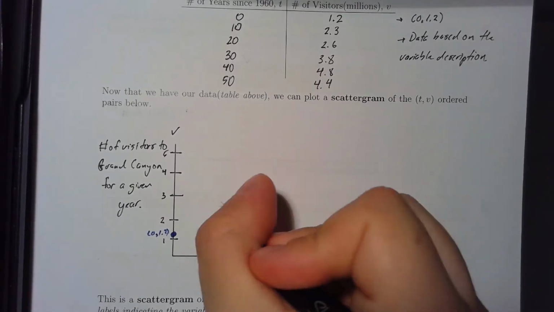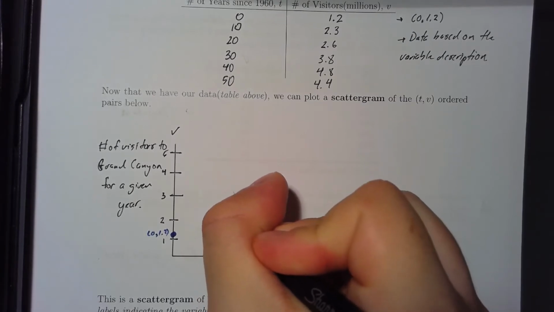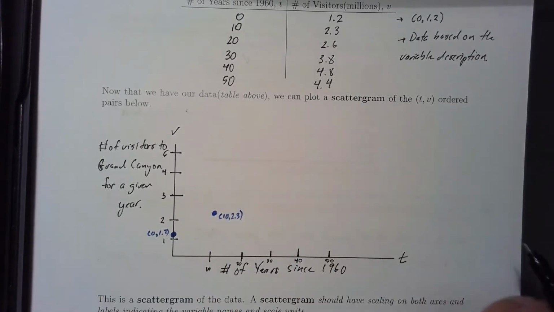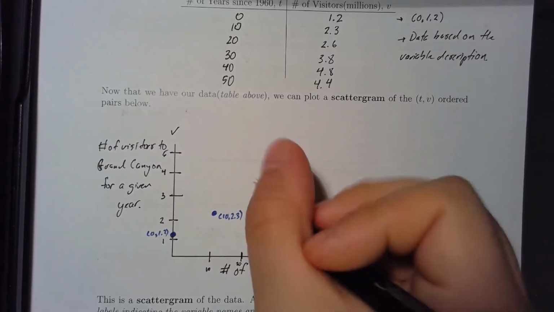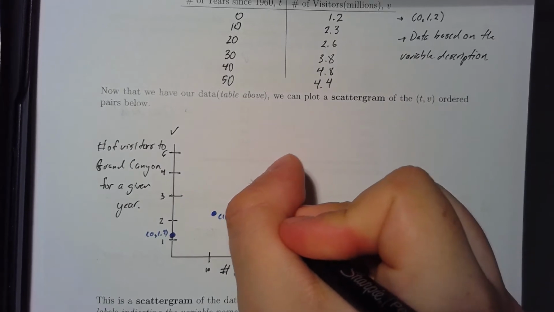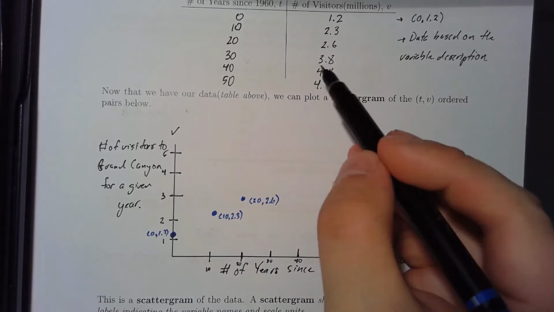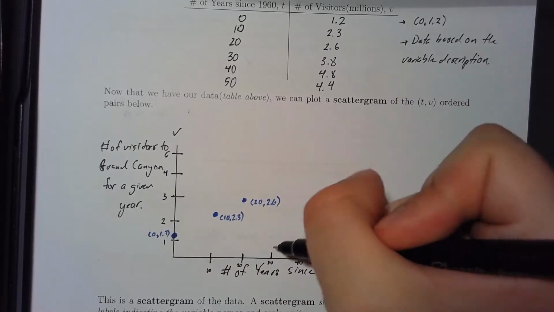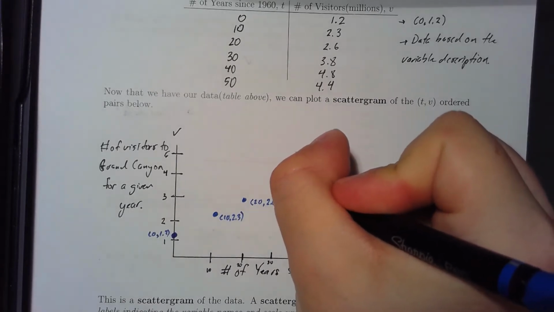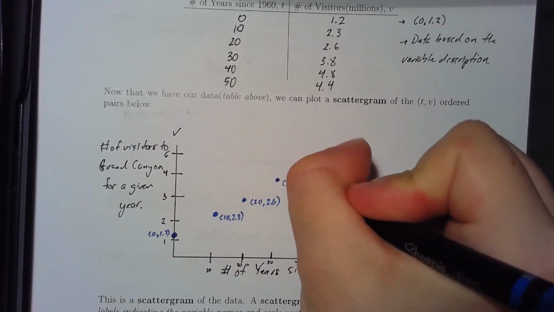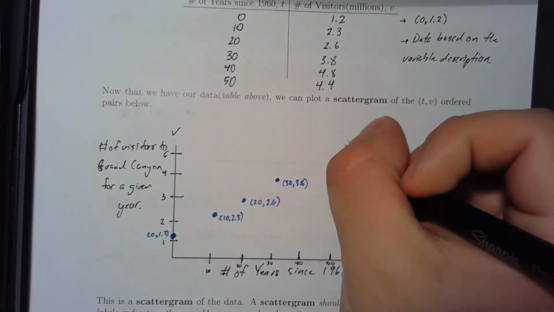So there's 10, and 2.3 is roughly right there. (20, 2.6), which is going to be roughly there. (30, 3.8) will just be right underneath 4. (40, 4.8) will be right underneath 5.